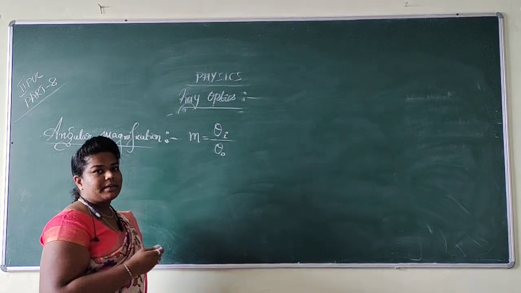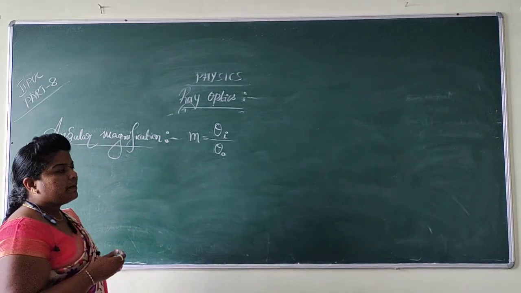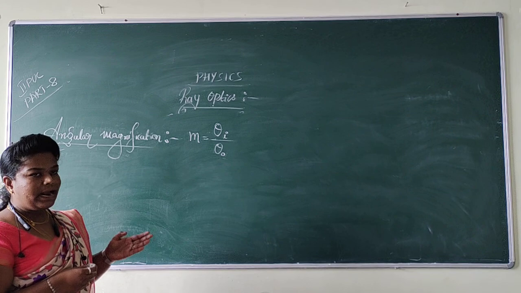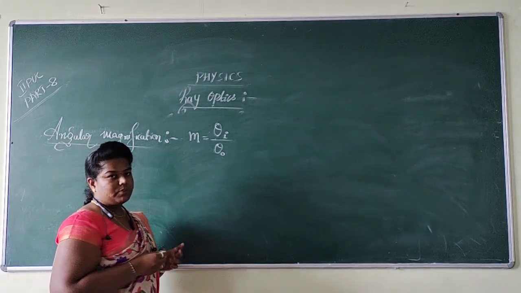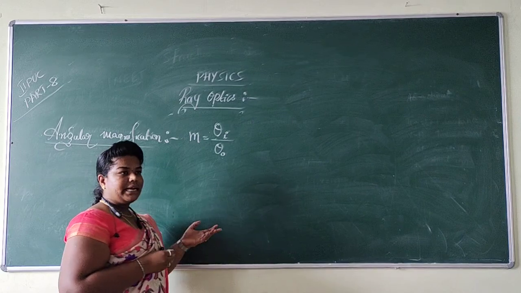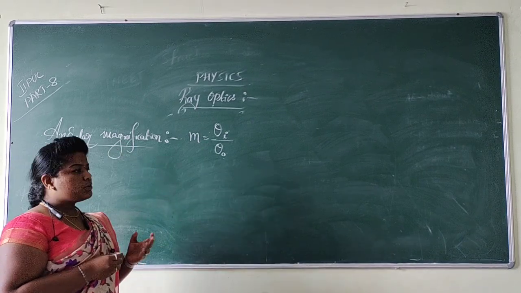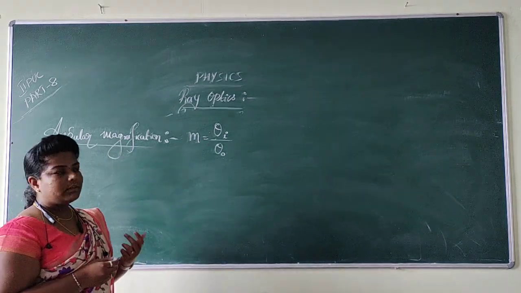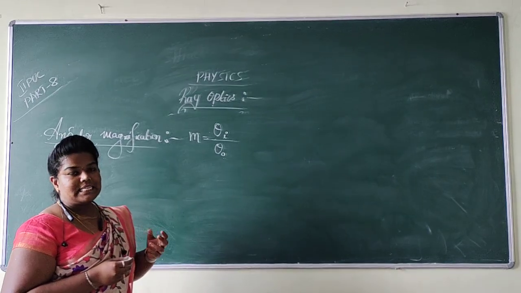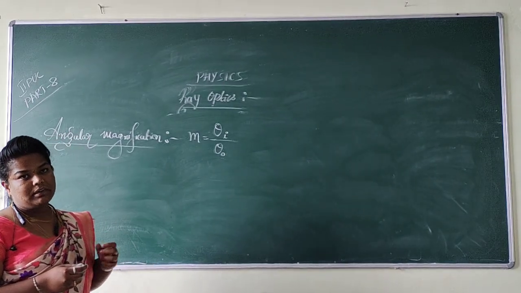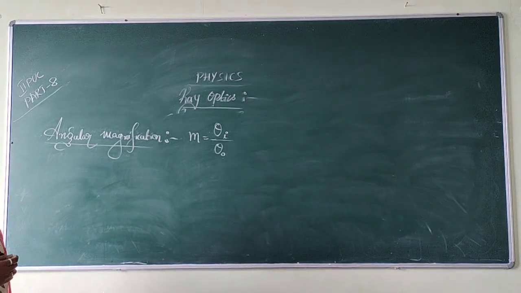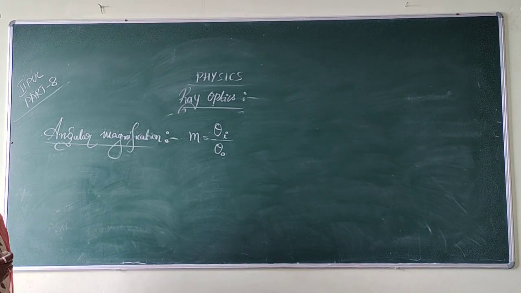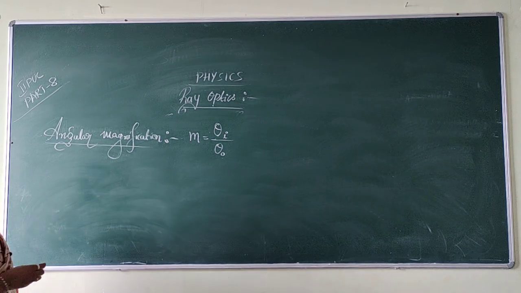But in case of linear magnification, we placed an object in between O and F, and we got the image at the least distance of distinct vision. But here in this case, it is vice versa. That is, here we assume that the object is placed at the least distance of distinct vision from the eye. So now let us define it, where theta is the angle, I relates to the image, and O relates to the object.